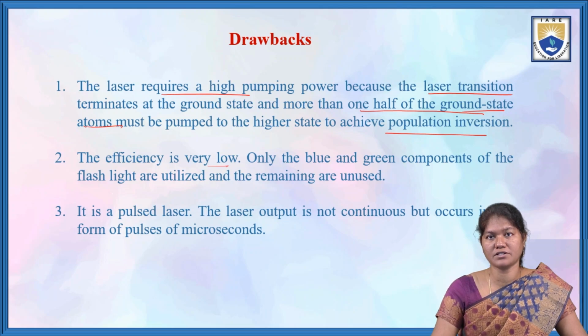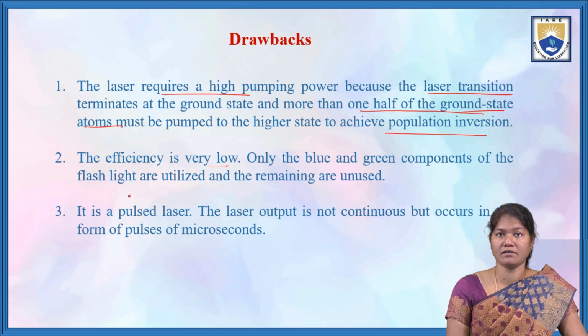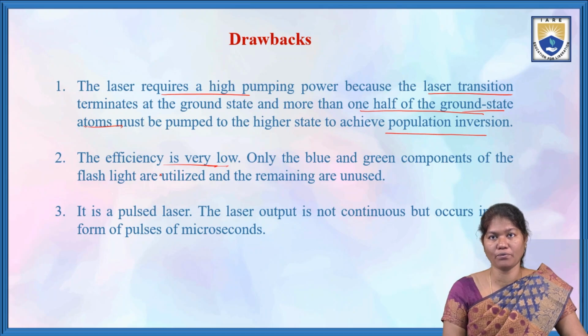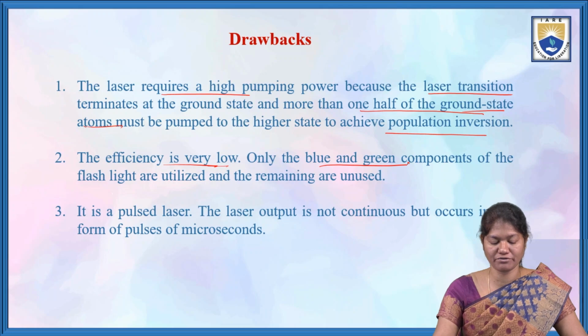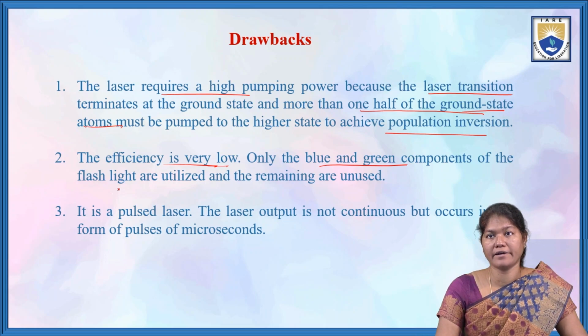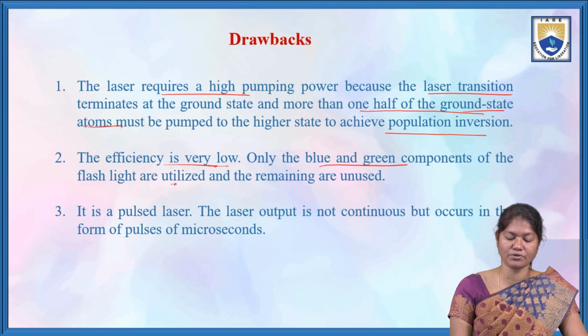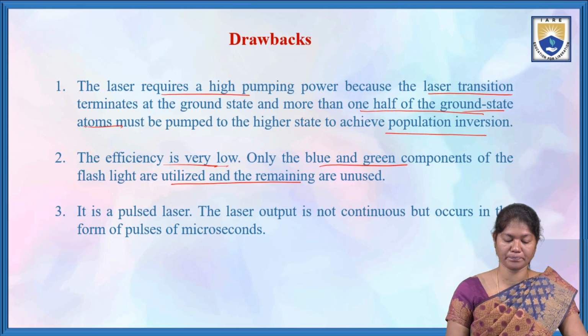In the ruby crystal laser, the efficiency is very low. Only the green and blue components of the flashlight are utilized and the remaining are unused.